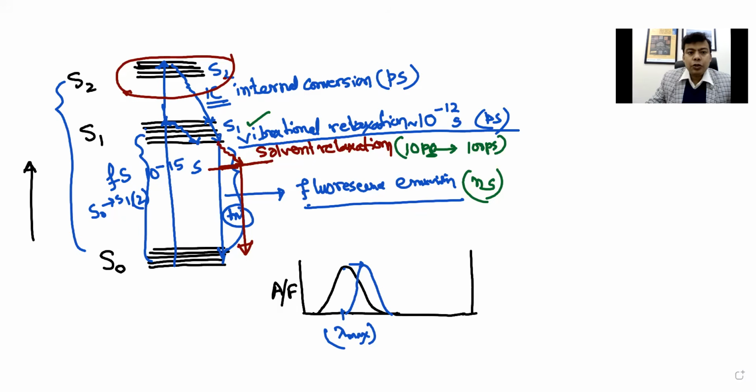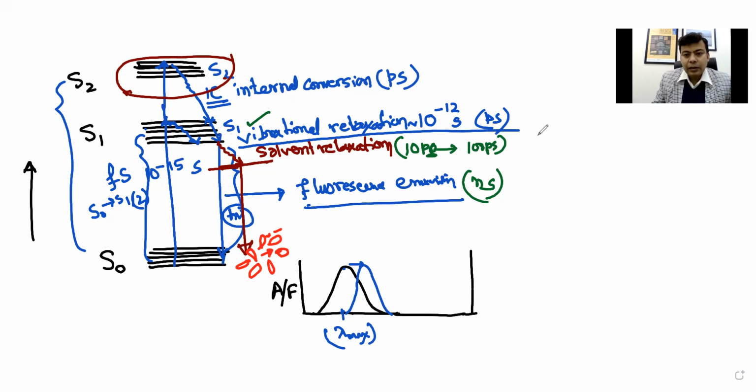As I've already mentioned, in the ground state here, you have certain dipole moment, or let's say no dipole moment, and solvent molecules are organized in some fashion to stabilize this particular delta positive, delta negative, and so on. Let's say oxygen here, hydrogen here, or vice versa, depending on the exact nature of the dipole.